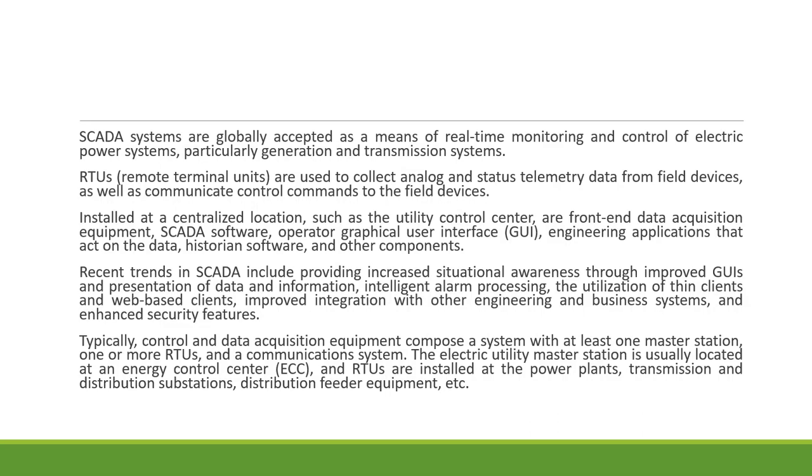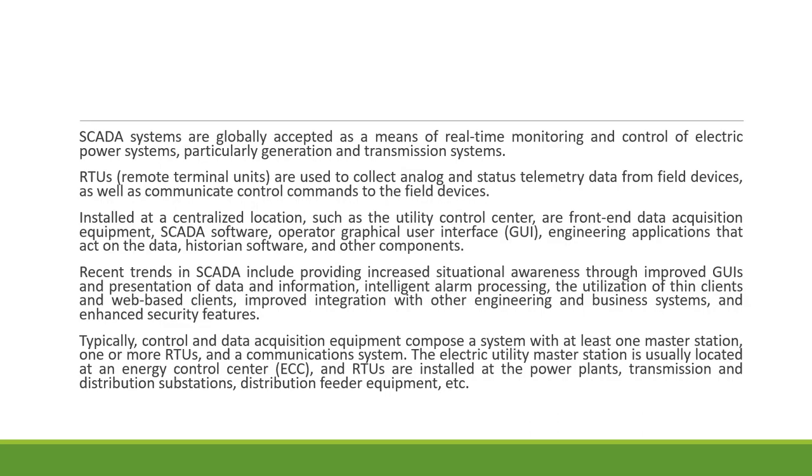Security is an important thing. Typically, control and data acquisition equipment compose a system with at least one master station, one or more remote terminal units, and a communication system. A communication system is required. Without that, nothing can happen.